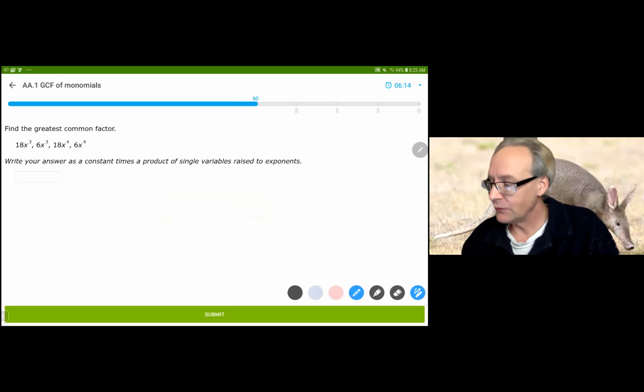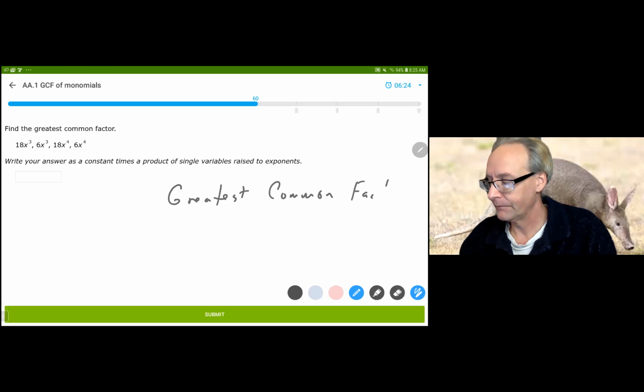Well, one way to think of this is when you do greatest common factor, it is the least of all. So the factor that goes into all of these, the number is 6. 6 goes into all of those.